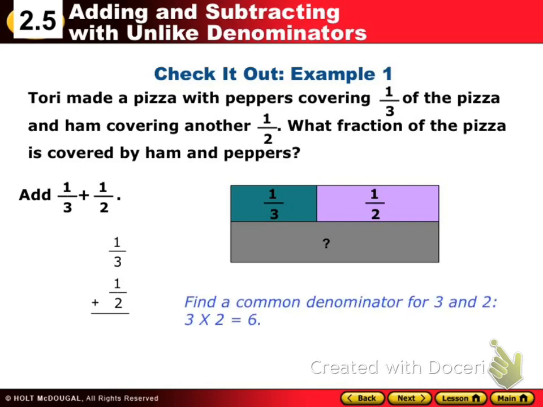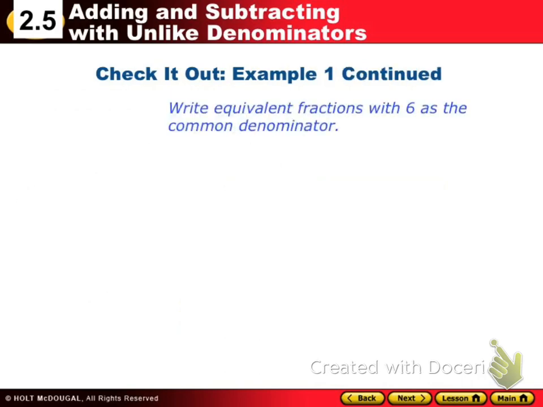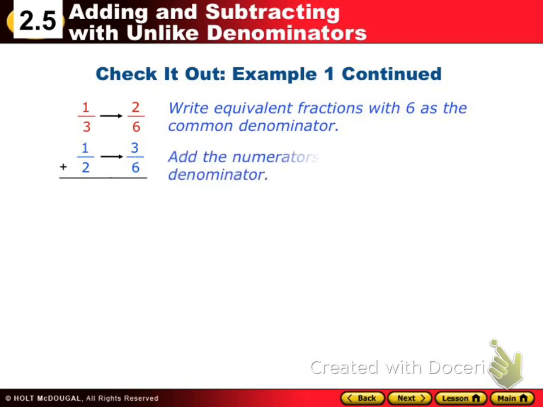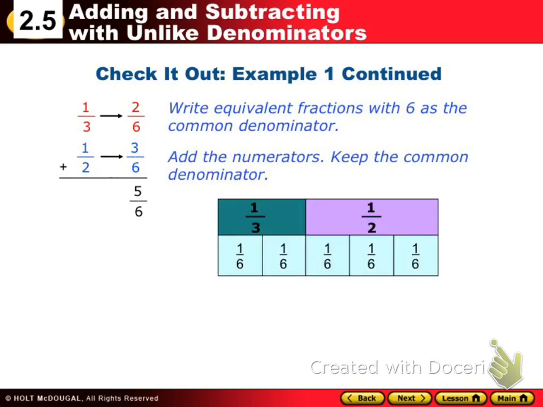So now we rewrite equivalent fractions with a denominator of 6. 3 times 2, so we take 1 times 2. For the blue fraction, a half, 2 times 3, so we take 1 times 3 to keep the common denominator, and then we add the numerators. This is what it looks like. The peppers and ham cover 5/6 of the pizza.